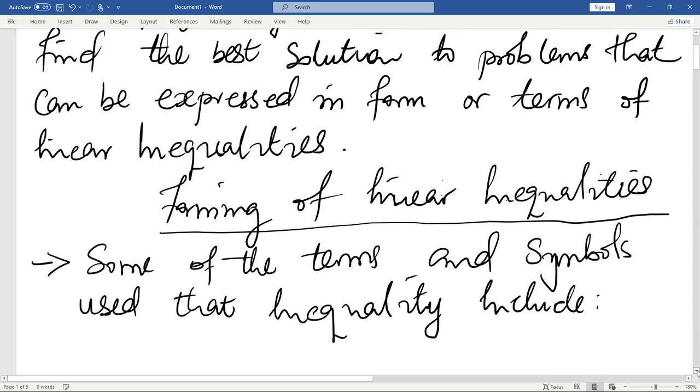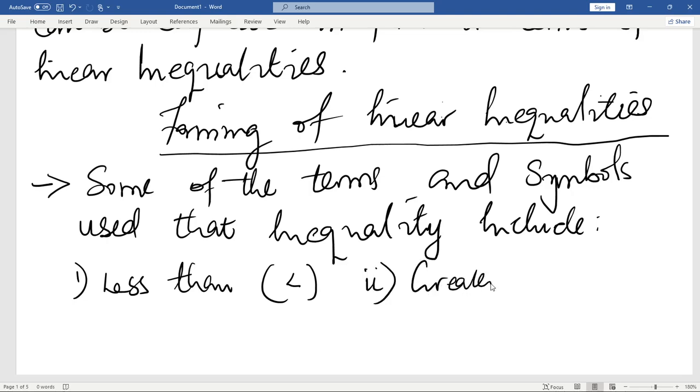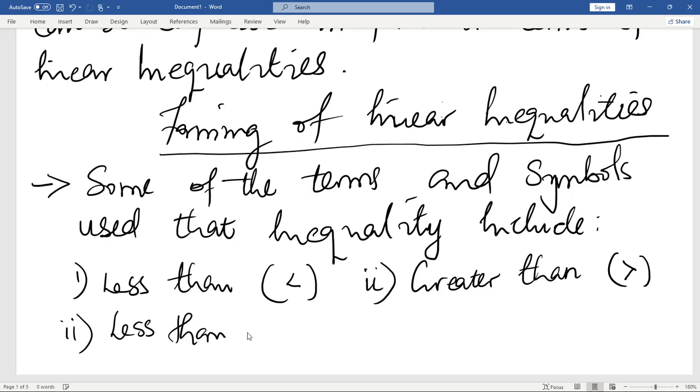Okay, so some of the words that we use, I'll write the first few here. So we have less than, and the symbol that we have for less than is this. Then 2, we have greater than, and the symbol that we have here is this. Then 3, less than or equal to, and the symbol that we have for this is like this.